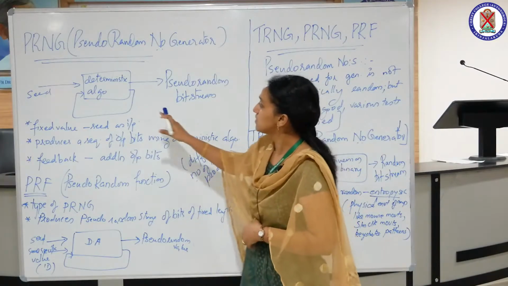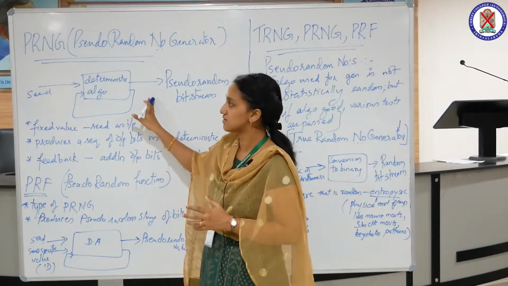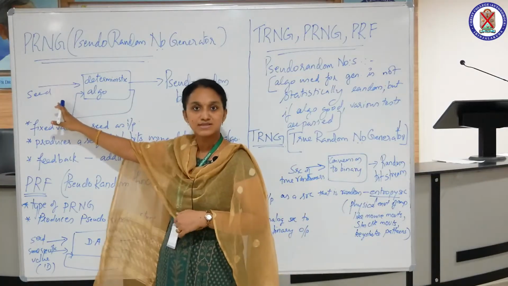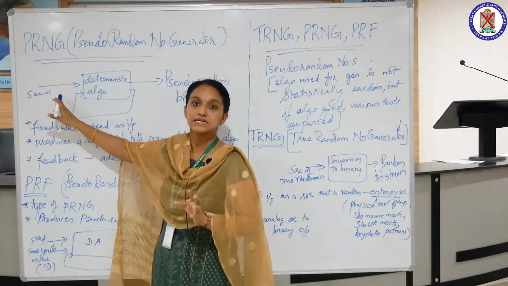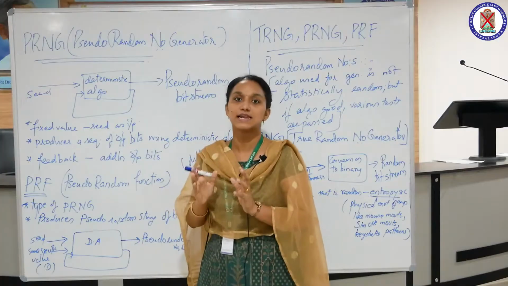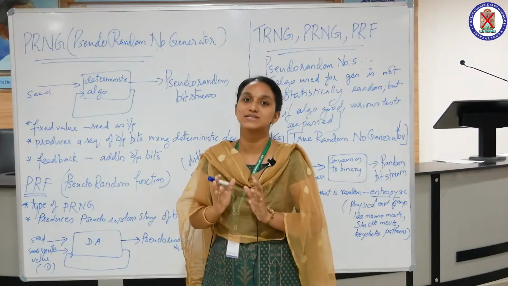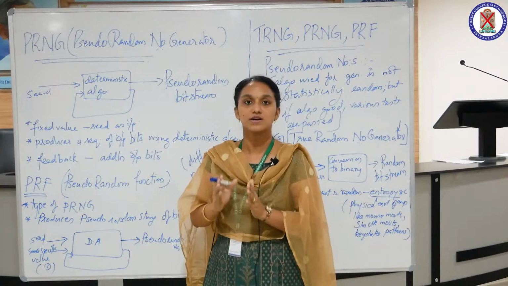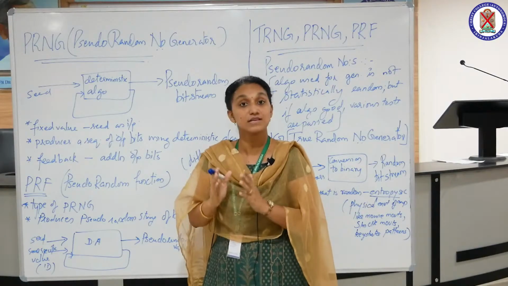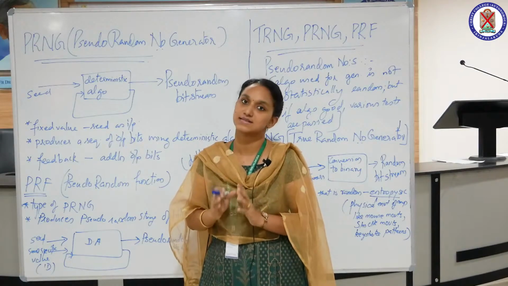Let's see. This is the diagram for PRNG. On the input side you have a seed. Seed means a fixed value which is given as the input. This fixed input itself is called the seed.